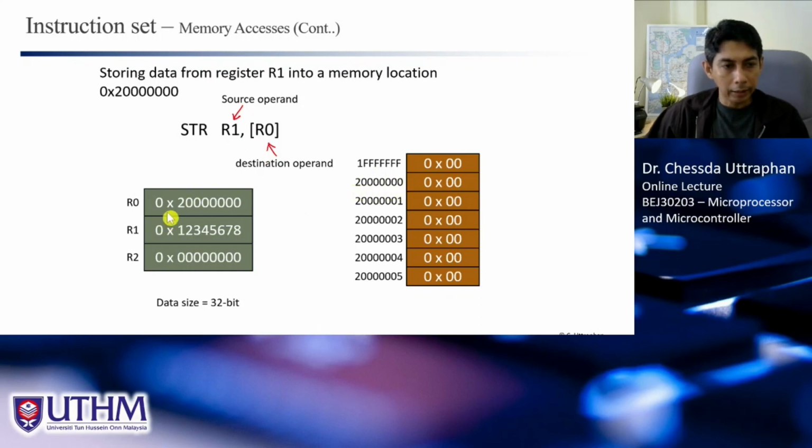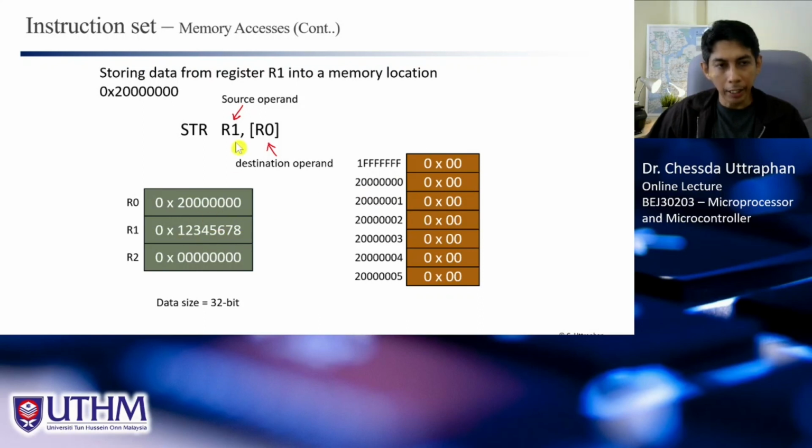But remember that the data is 32-bit, and STR is a 32-bit operation, which means that when we execute this instruction, all 32-bit data will go to 20000000. The problem is that this location in memory is 8-bit, but our data is 32-bit.